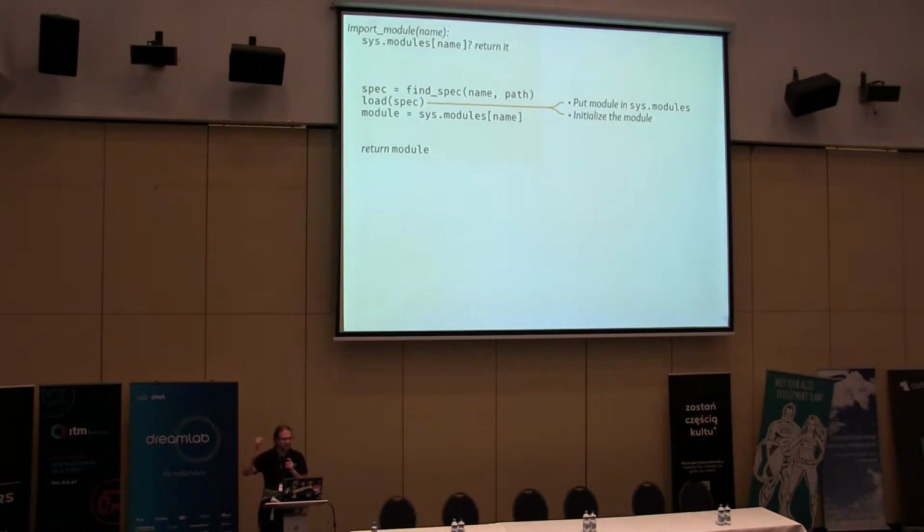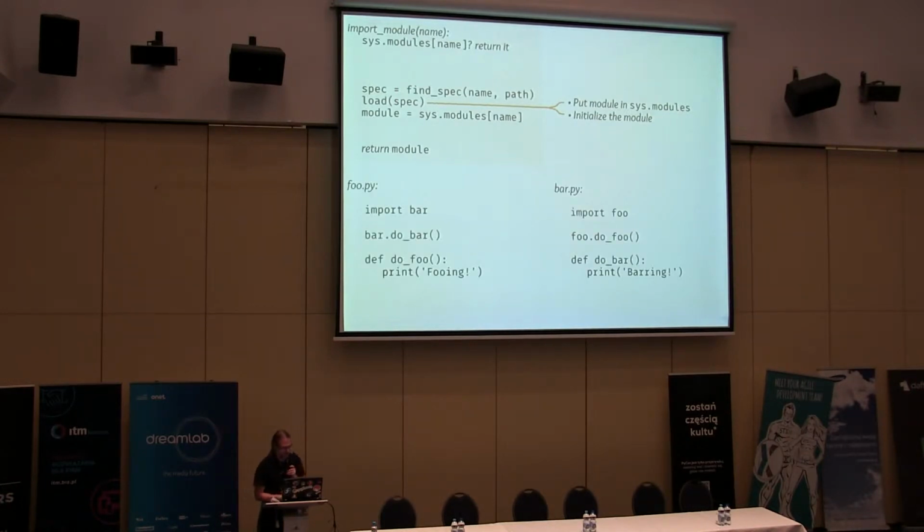Initializing means it goes through what's in the module and it executes it. So, first put a blank object in sys.modules, and then fill it up by executing it. This actually gives you enough to reason about what happens when you have circular imports.